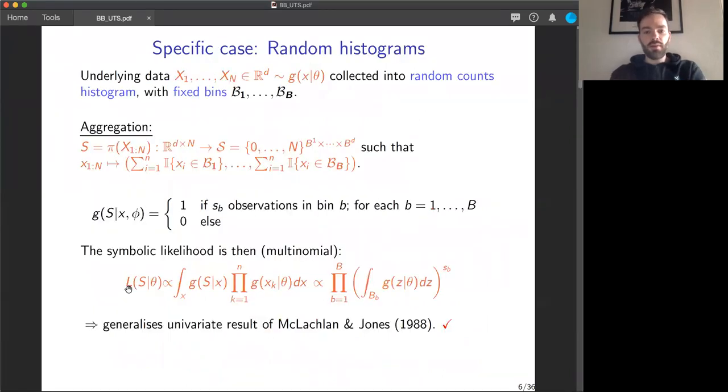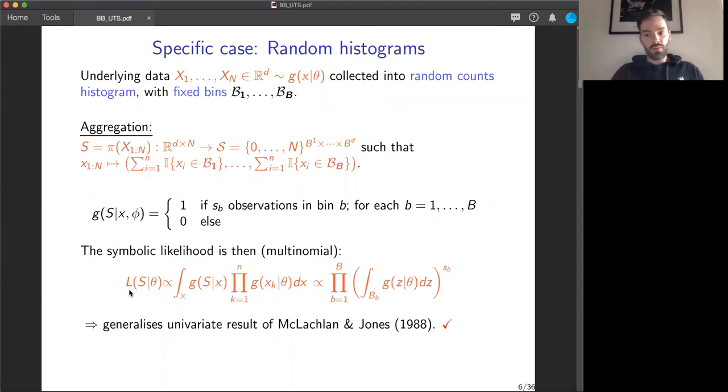So let's take the example of random histograms. We have some data, x1 up to xn, that live in R^d, and we have a model that we want to fit that is given by g of x given theta.